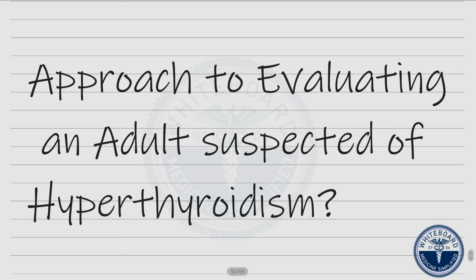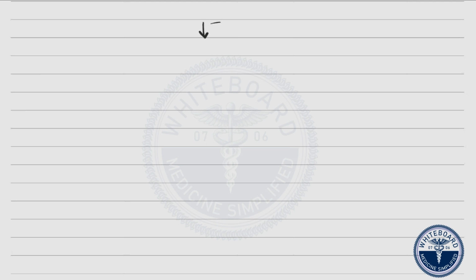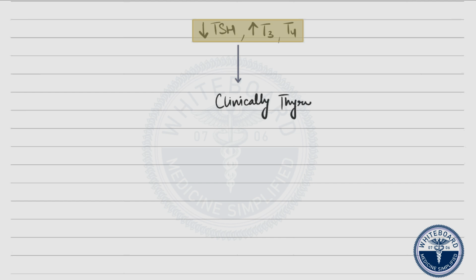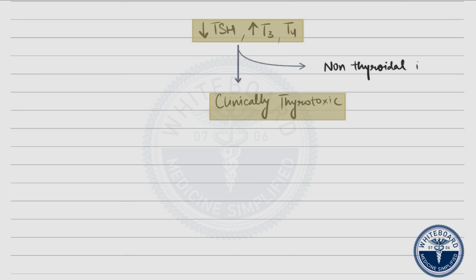An approach to evaluating an adult suspected of having hyperthyroidism: once biochemical thyrotoxicosis is confirmed, that is, when laboratory results show a suppressed TSH with elevated free T3 and T4 levels, the first consideration is whether the patient is clinically thyrotoxic, meaning they show classic signs and symptoms of an overactive thyroid gland, or it's an acute non-thyroidal illness, also known as sick euthyroid syndrome, as this can sometimes cause abnormal thyroid function tests.